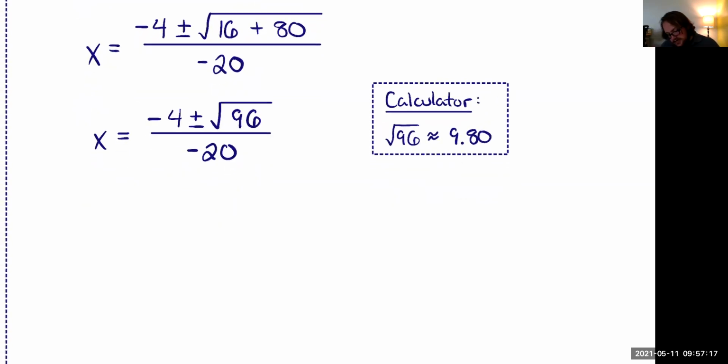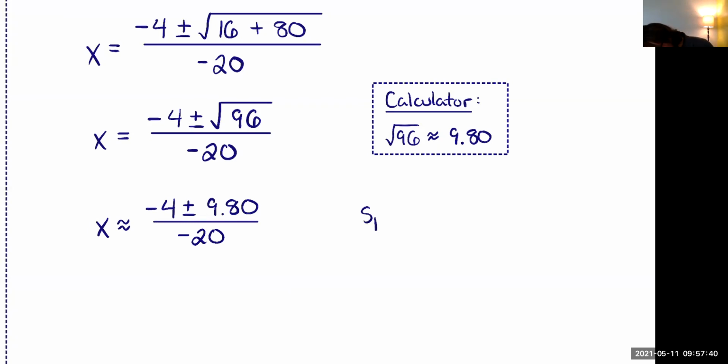All right, so when I get to the square root of 96, I'm going to swap that out with the 9.80. So we can now say that x is approximately negative 4 plus or minus 9.80 all over negative 20. Now that we've approximated the square root, we're ready to split at the plus or minus.